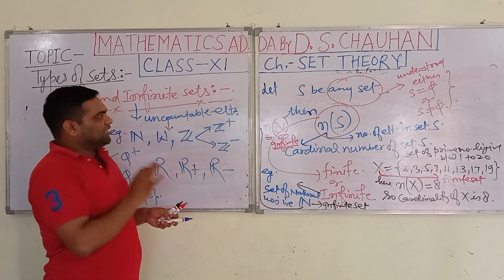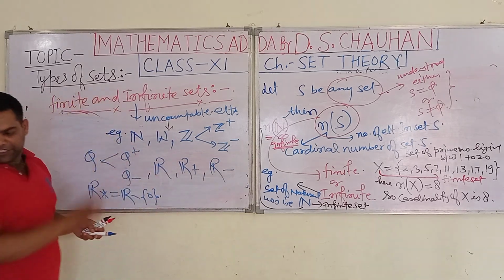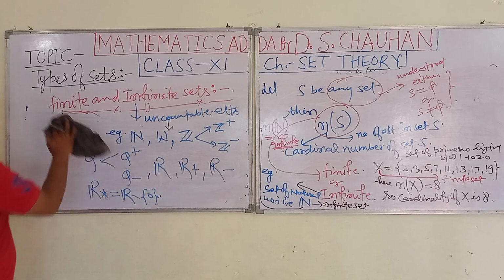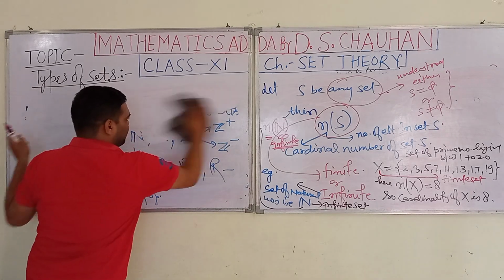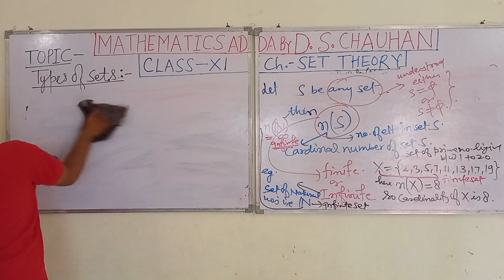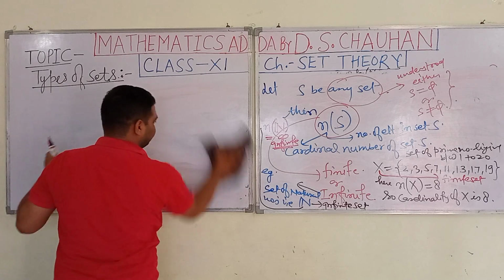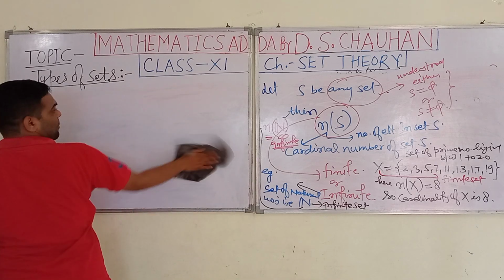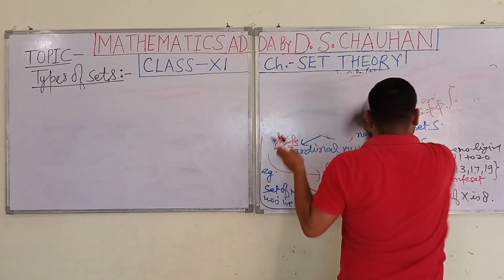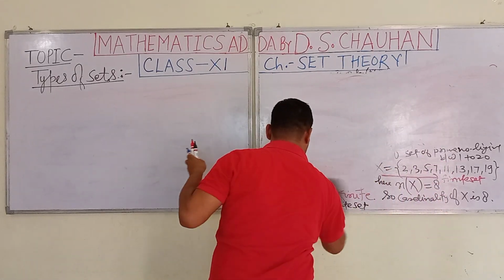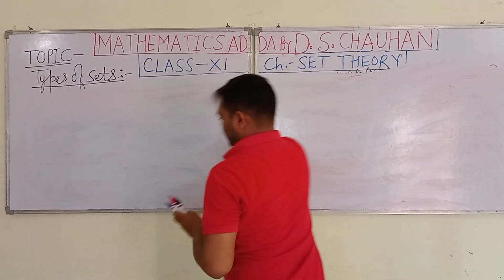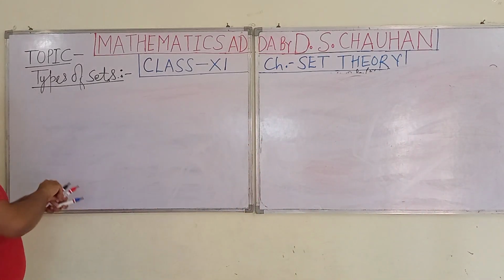Well students, I hope it is clear to you what finite sets and infinite sets are. Now, after clearing the topic of finite and infinite sets, the final thing I am going to tell you in today's lecture is about equal and equivalent sets. Try to understand, students, one of the best topics of your syllabus.